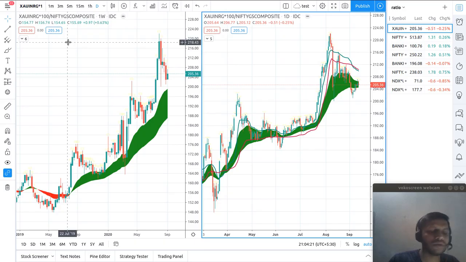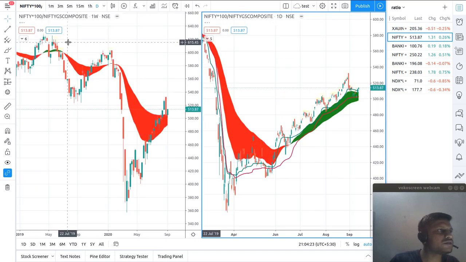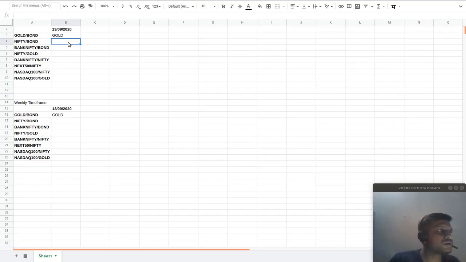Now, in the next chart, that is Nifty with respect to bonds, Nifty is outperforming in the daily time frame, and bonds are outperforming in the weekly time frame.